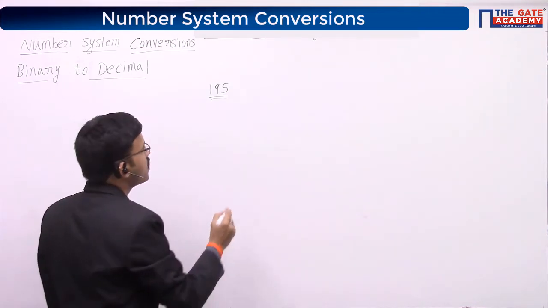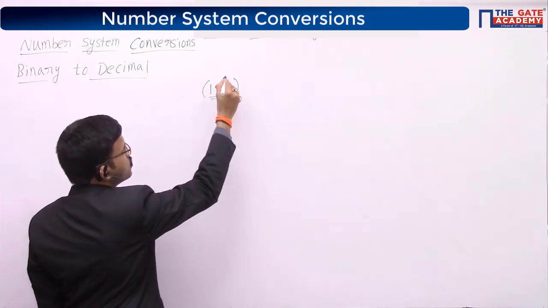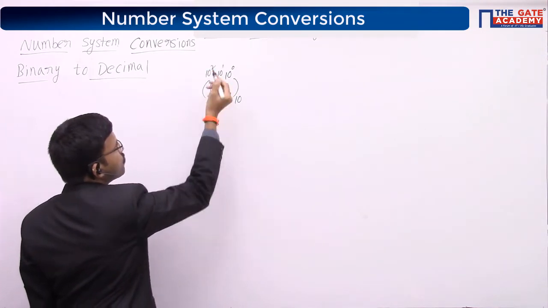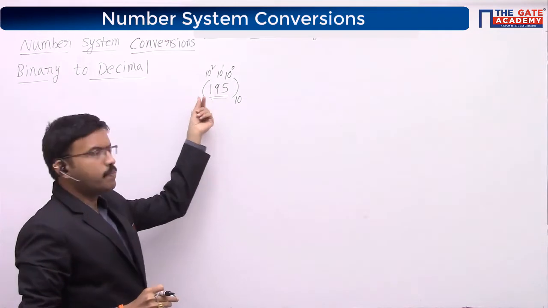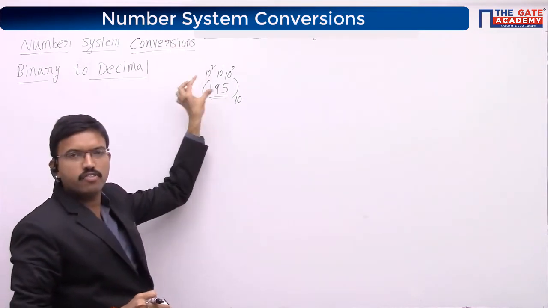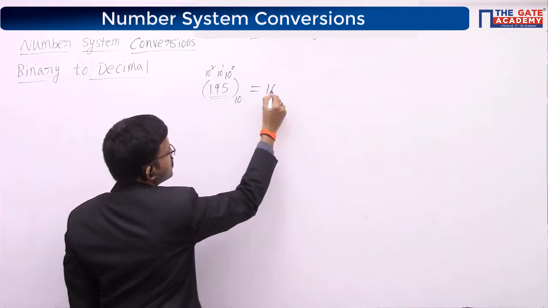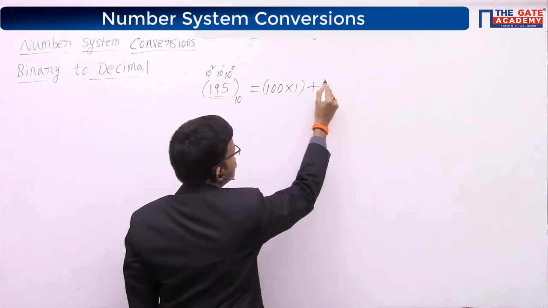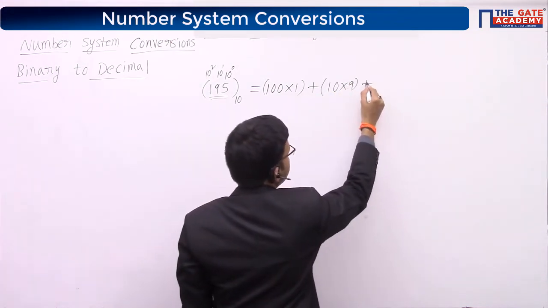Very nice. See here, we have the decimal number, right? So its position weights are 10 power 0, 10 power 1, 10 square, right? So here, each digit we have to multiply with the respective position weight and then add. So 10 square is nothing but 100 into 1, plus 10 power 1 is nothing but 10 into 9, plus 10 power 0 is 1 into 5.